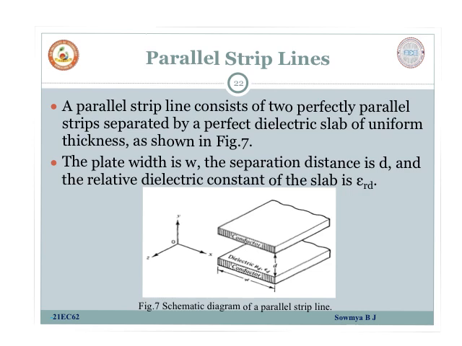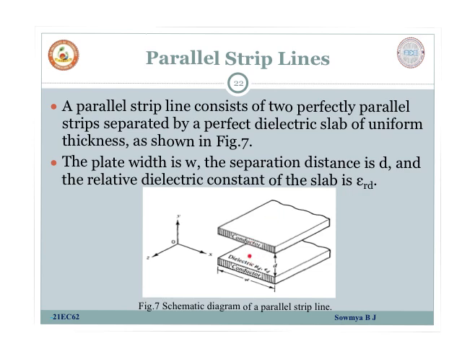The plate width is W, the separation distance is d, and the relative dielectric constant of the slab is epsilon Rd.